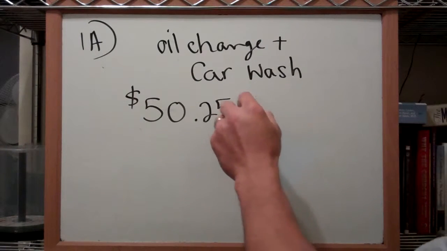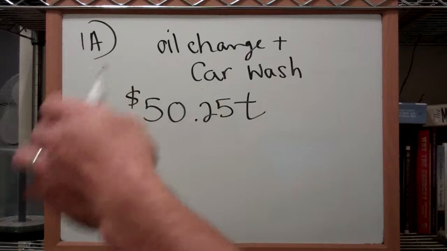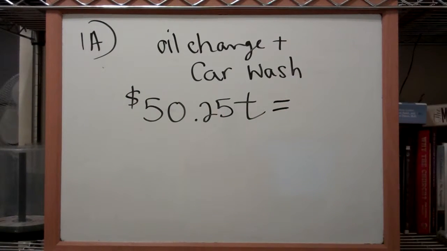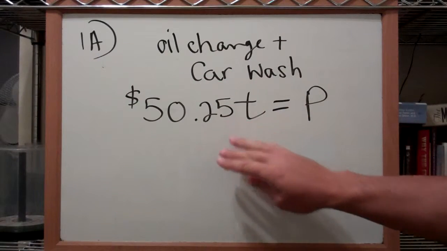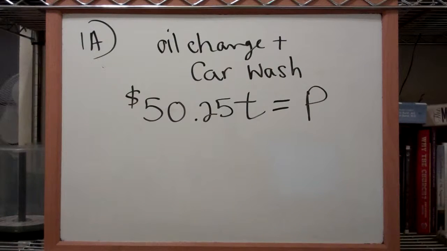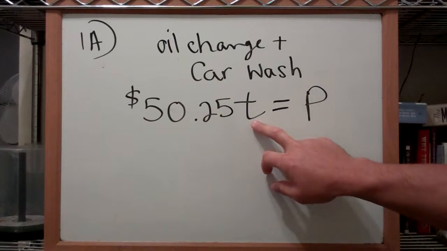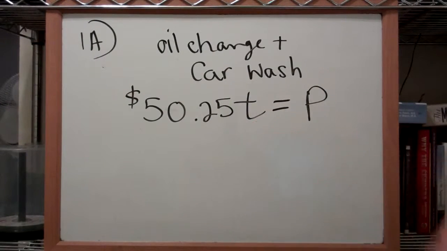So we can represent T as the number of times that they go get that done, and let's say this is going to be equal to some variable. I think in the worksheet I used the variable P. So P here is how much someone without the discount card is going to pay totally to Bill Grimm after a certain number of times of going to see him for an oil change and a car wash. Okay, so T again represents the number of times that they're going to get this car wash and oil change.